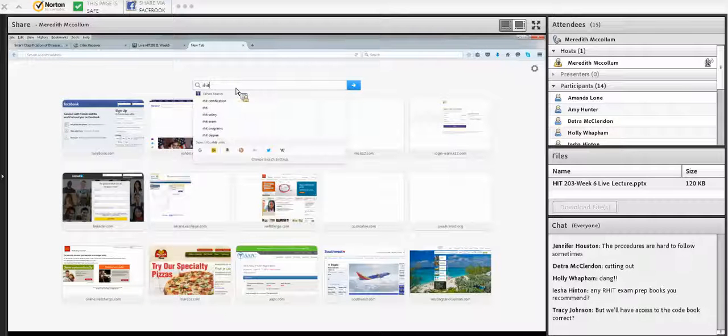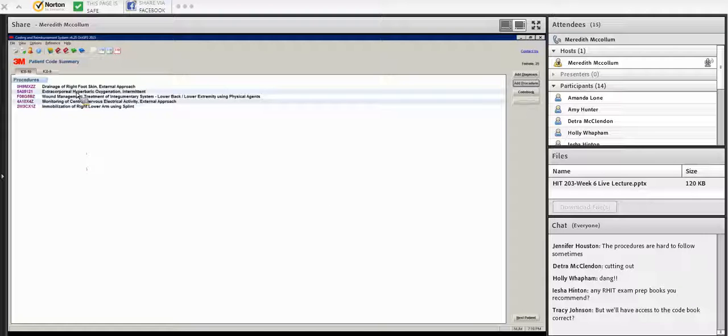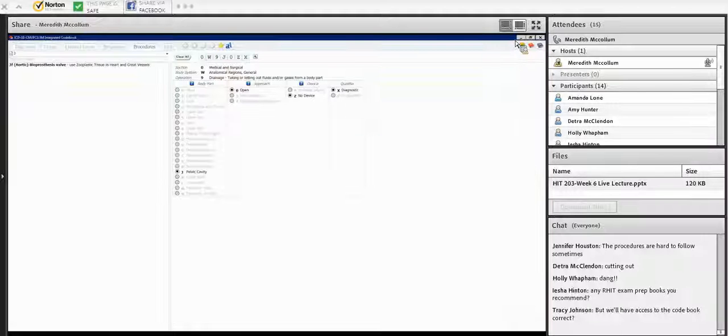It'll just be multiple choice, but they'll give you a code and what it says. So if it was procedures, it would give you this code and that, and another code, and then A, B, C, D. It's a lot easier actually because it's a lot quicker. You're not actually having to assign the codes.